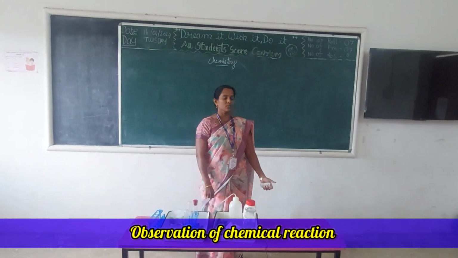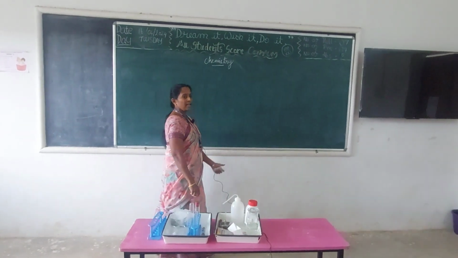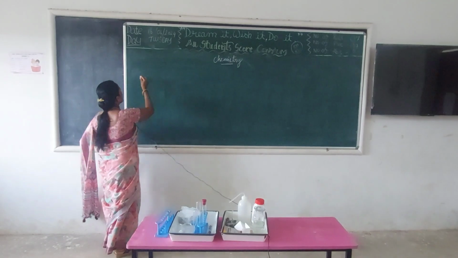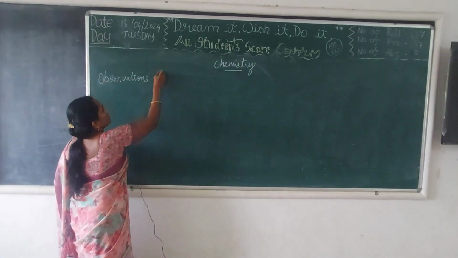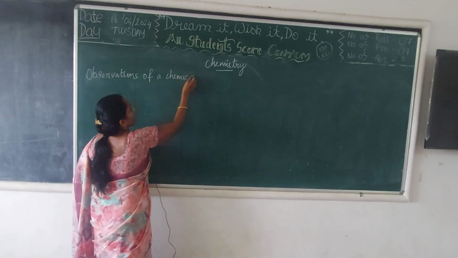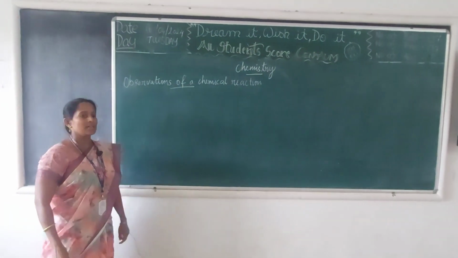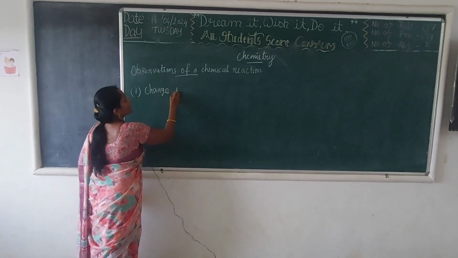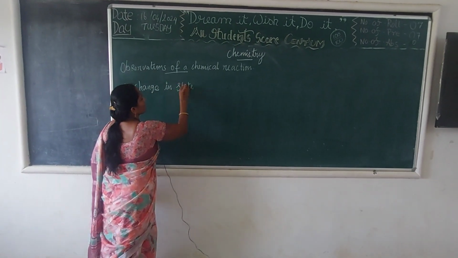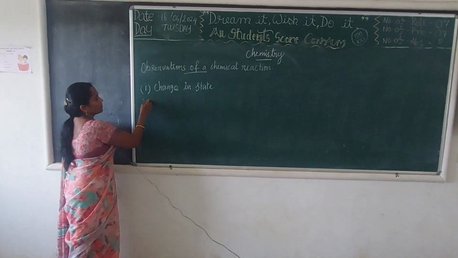Today we are going to discuss some observations that help to identify chemical reactions. First one is change in state. Second one is change in color.